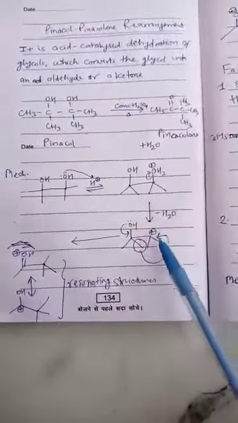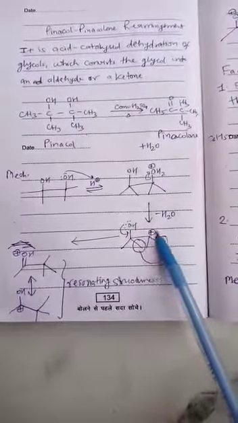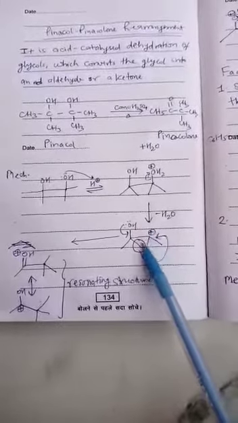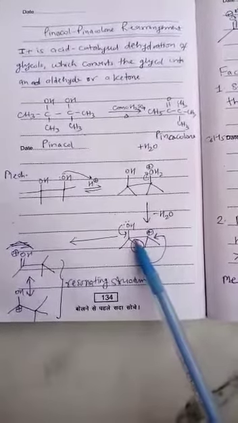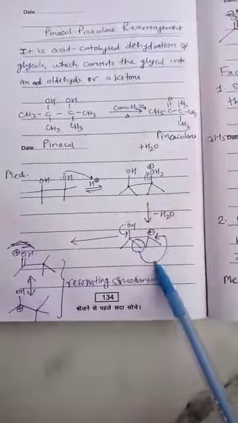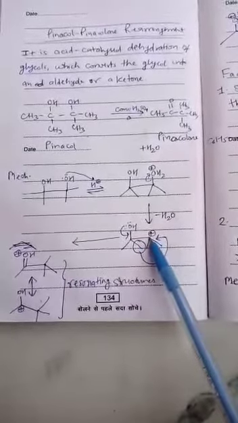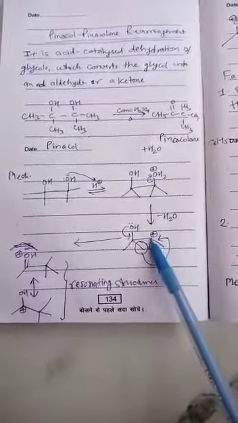You see here, a positive charge is created. Now in the next step, CH3 will migrate from here to here. Why? I will tell you later.